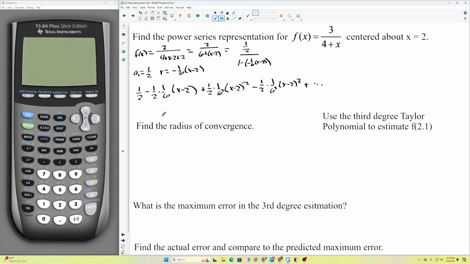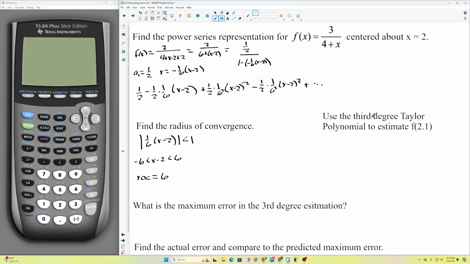Find the radius of convergence. Well, the absolute value of 1/6 (x minus 2) has to be less than 1 because this is geometric. So negative 6 less than x minus 2 less than 6. So radius of convergence is equal to 6.